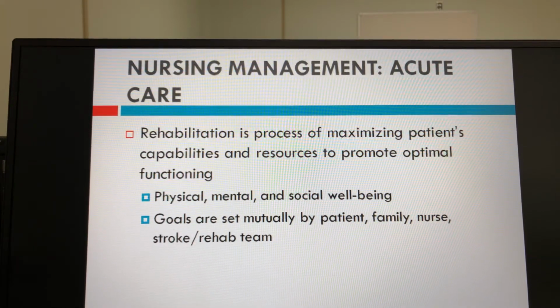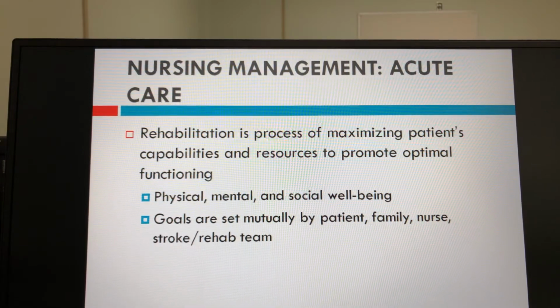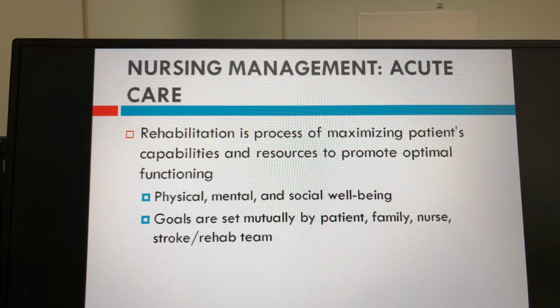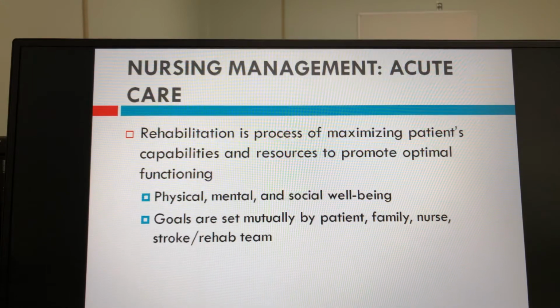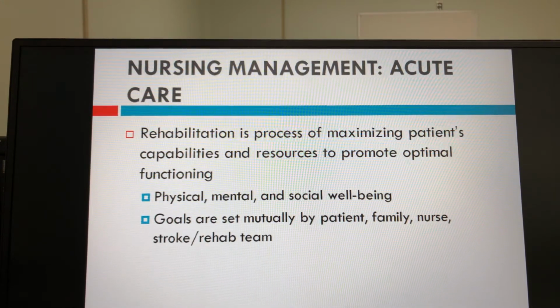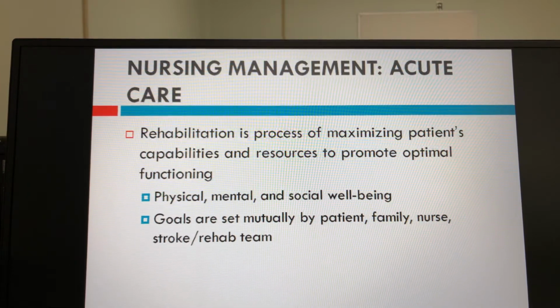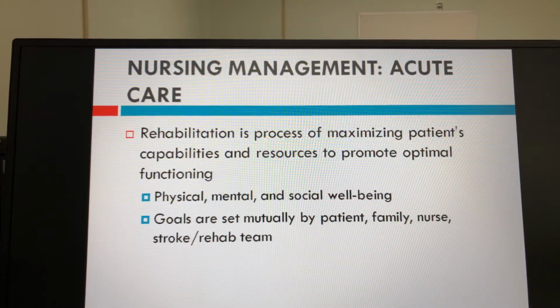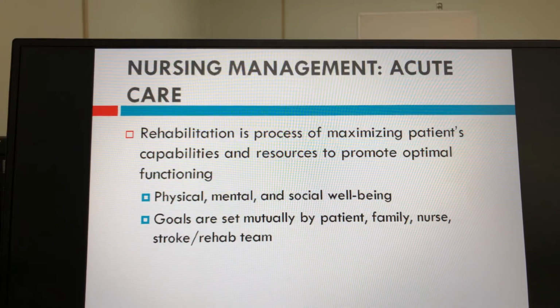The goals of rehabilitation are to prevent deformity and maintain and improve function. Most patients recover in the first 6 months following a stroke, with maximum benefit 1 year after the stroke.